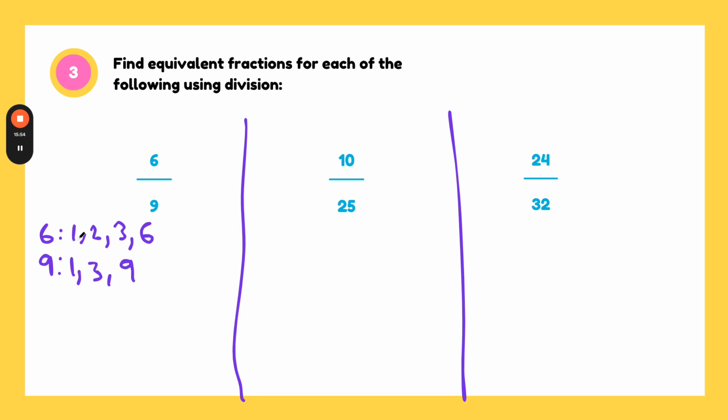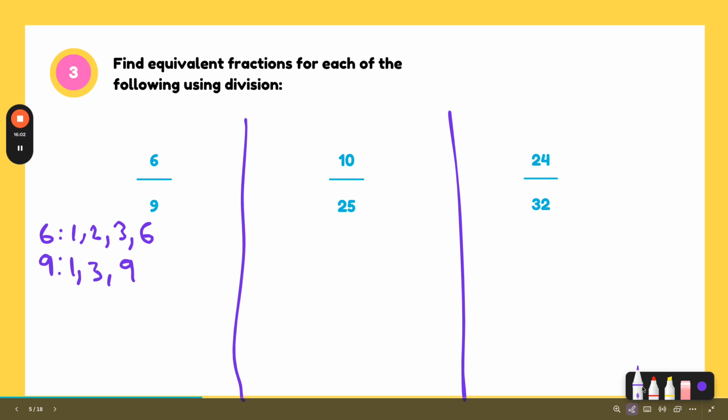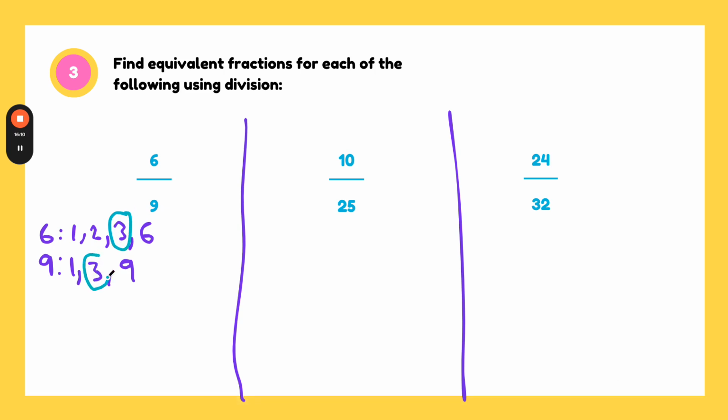So if we look closely at both the factors for 6 and 9, we can see that 3 is the only number which is common in both lists of factors for 6 and 9, and is the highest factor which is common among 6 and 9.